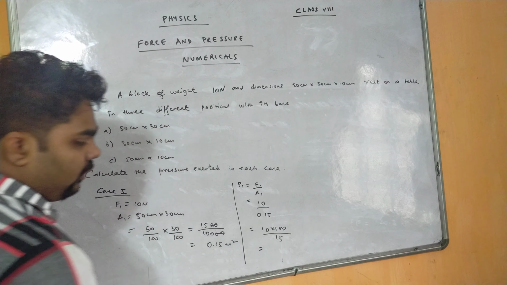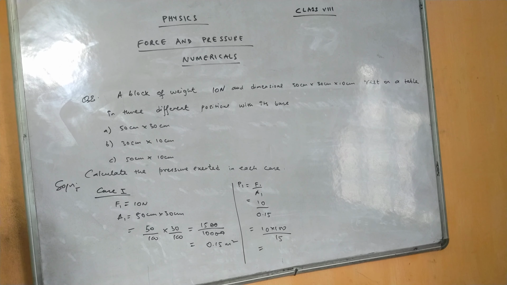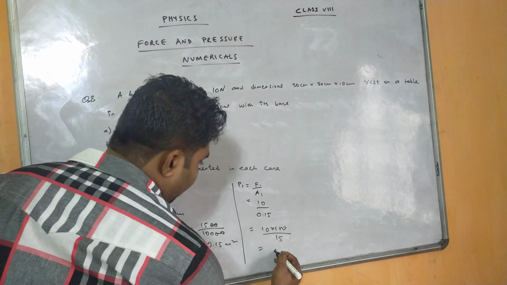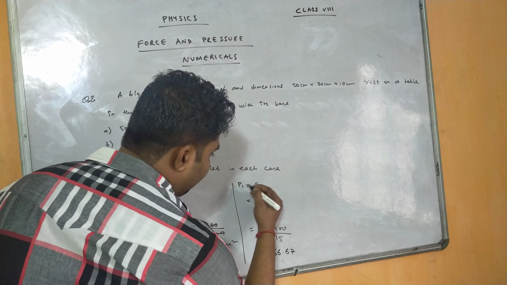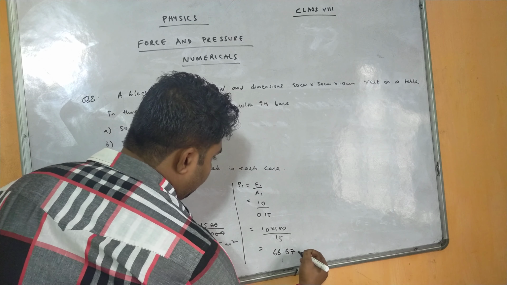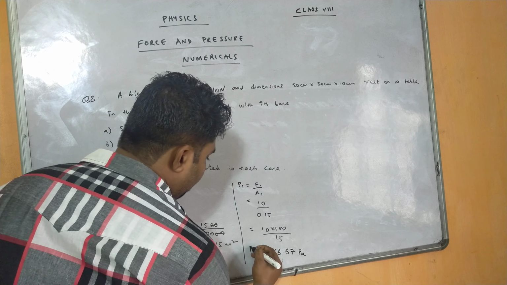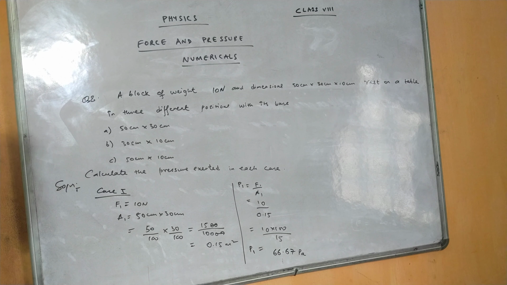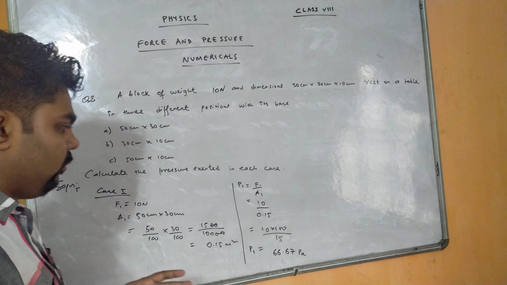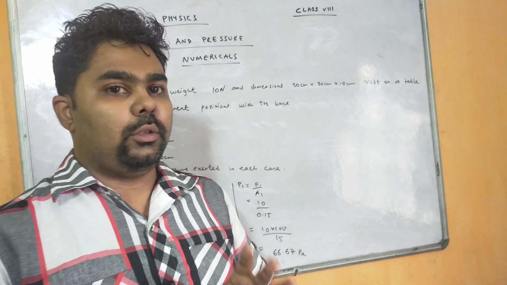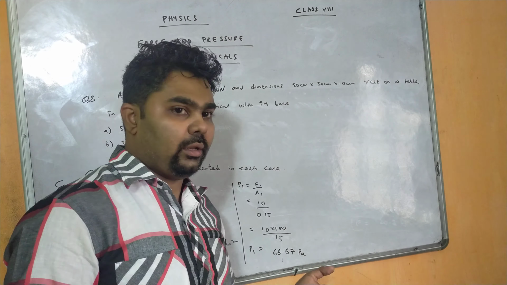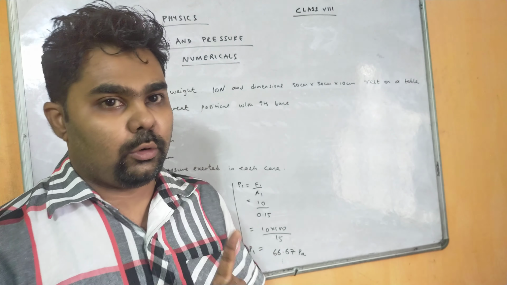More or less you will get 1000 divided by 15, that is 66.67 Pascal. For just showing you the calculation, I have used a calculator here, but you will be solving manually, because your calculator is not allowed. Be careful.